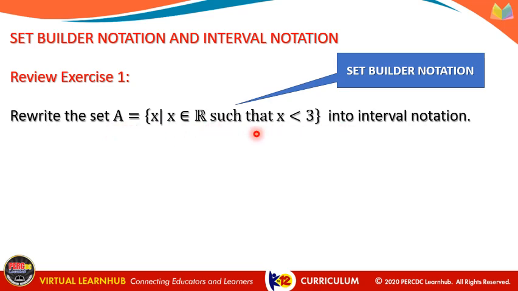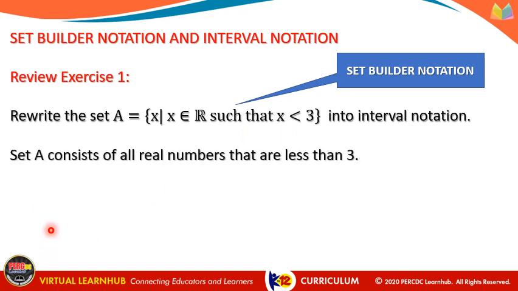Sabi ng notation na ito, ang laman ng set A ay mga real numbers na kung saan sila ay less than 3. Ibig sabihin nito, this set consists of all real numbers that are less than 3. So, parang magmula negative infinity hanggang bago mag-3. Now, take note, hindi kasama yung saktong 3.